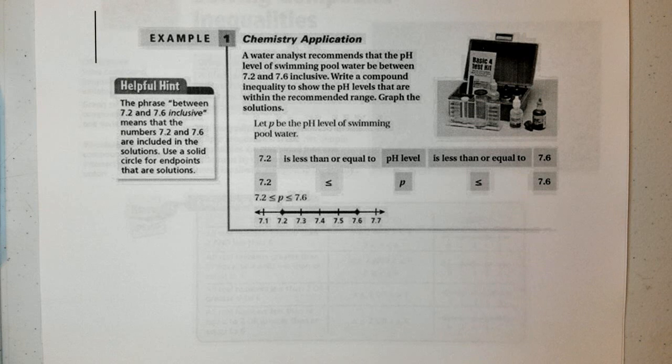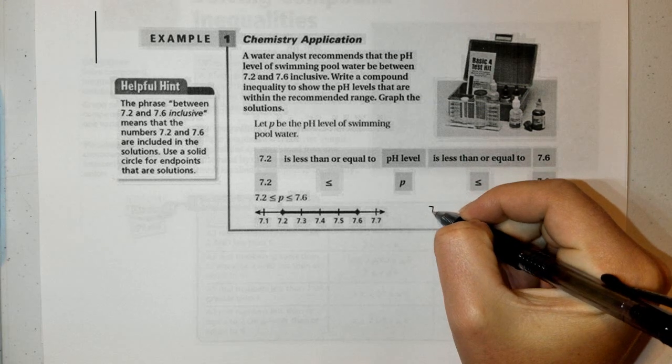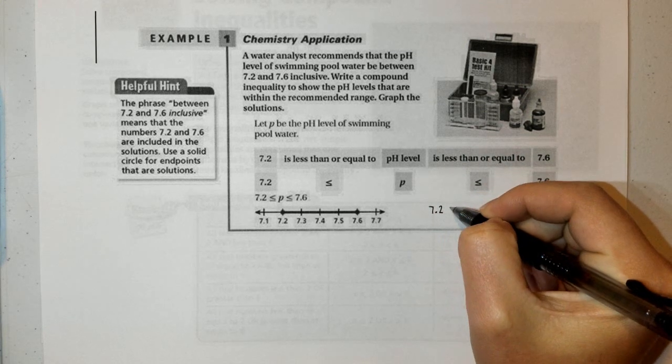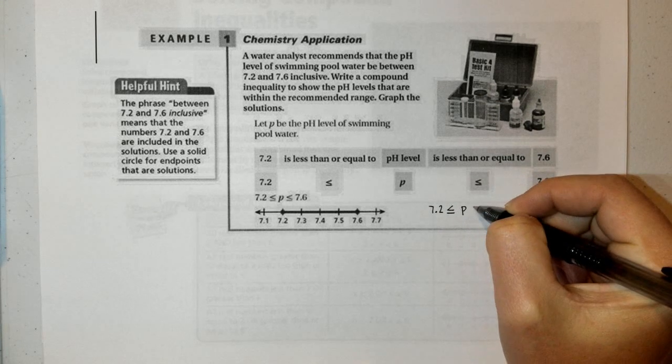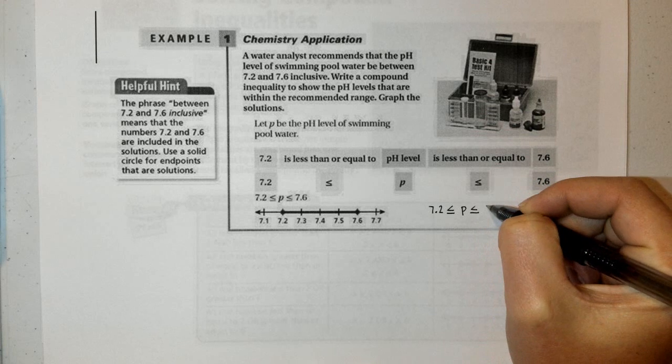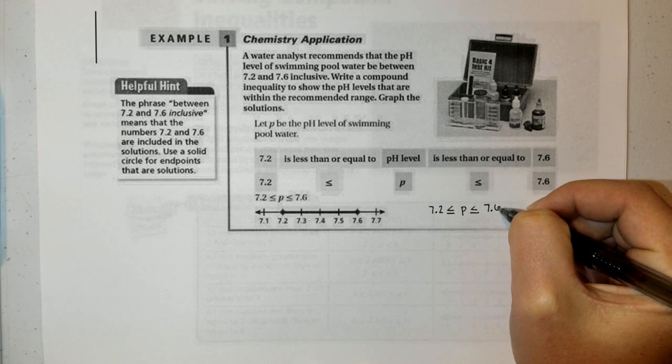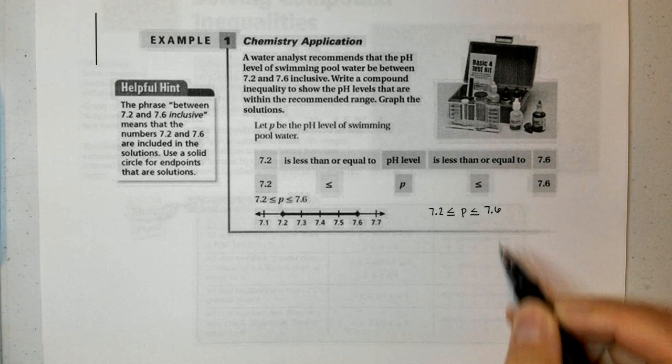So we'll use solid circles, closed dots for our graph, but then we also have that equal to when we create our inequality. So P is going to be the pH level of the swimming pool. So we know that it's going to have to be between 7.2, so it's greater than that, or equal to, because inclusive, P, which is less than or equal to the other endpoint, 7.6. Okay, so that would be our inequality.